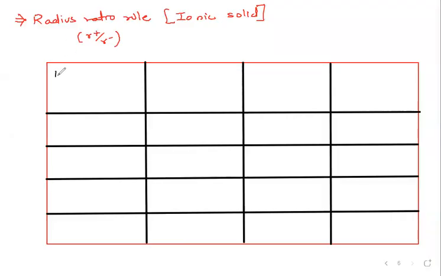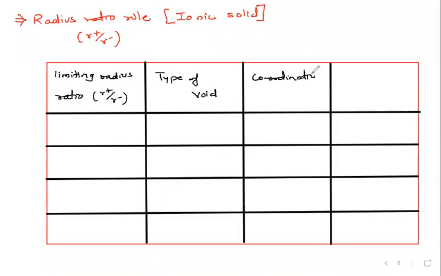The first column will have the limiting radius ratio, then formula radius of cation over radius of anion, type of void, coordination number of the void, and example.